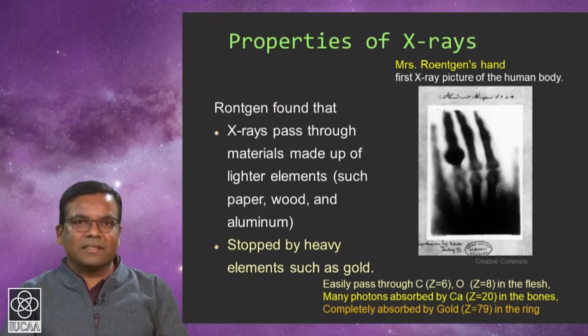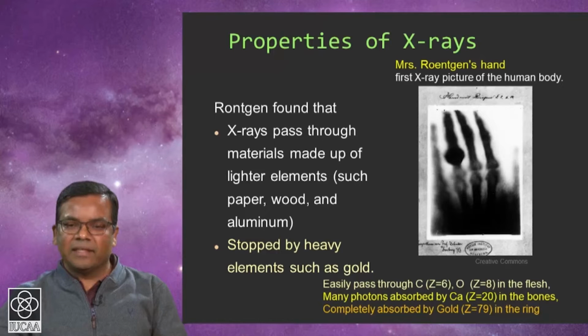After discovering X-rays, Rontgen found the characteristics of X-rays very quickly. He showed that X-rays pass through material made up of lighter elements such as paper, wood and aluminum, but are stopped by heavy elements such as gold. This picture is the first X-ray picture, of Rontgen's wife's hand.